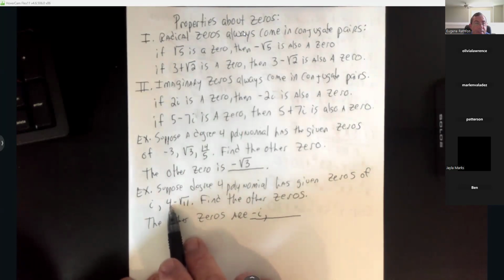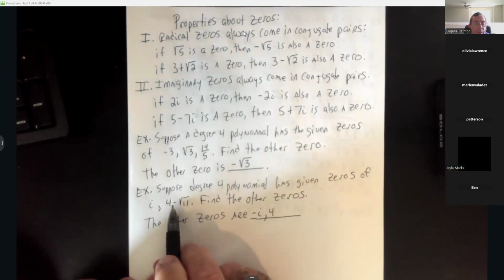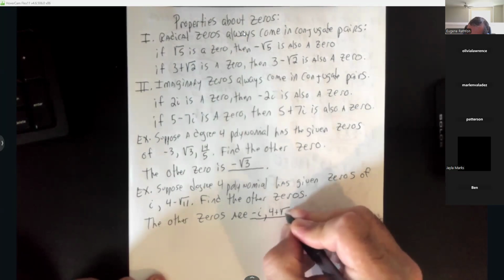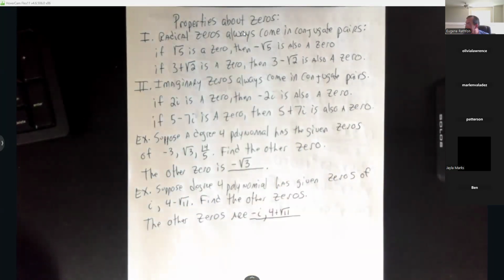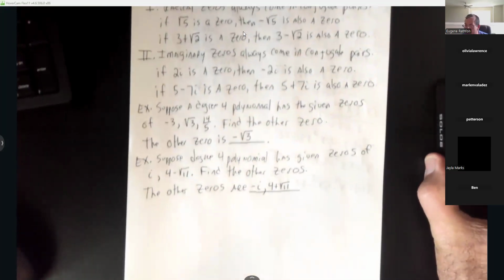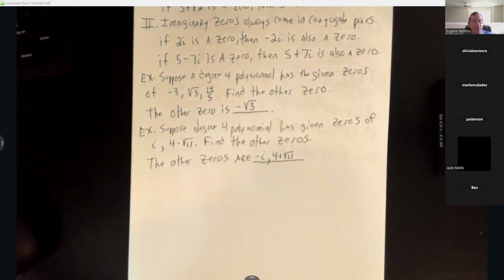So remember, you don't change the sign of the 4. Bring the 4 down. And since this was minus square root of 11, this will be plus square root of 11. And that's all you're doing in this section: finding the conjugate pairs of the zeros they're giving you.